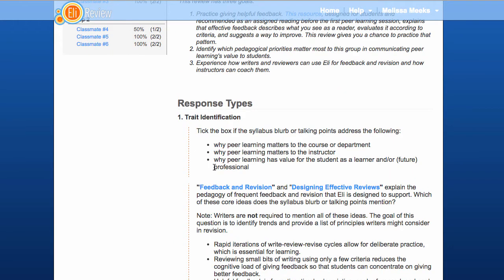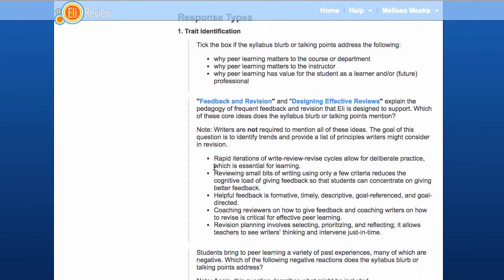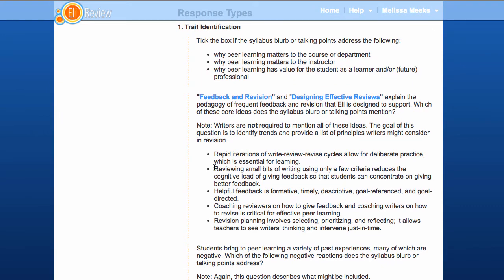The first set of options acknowledges the purposes that we might use when we explain peer review to students. The second set covers the pedagogical principles in the readings. Because we're interested in peer learning pedagogy, we wanted to see which of these ideas are bubbling up in the ways that you're describing peer learning to your students.